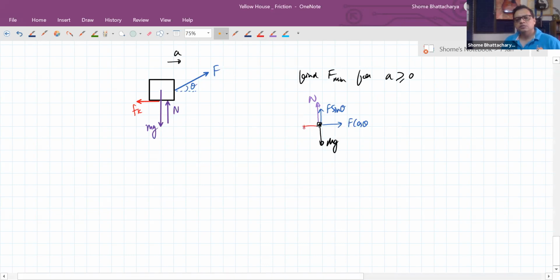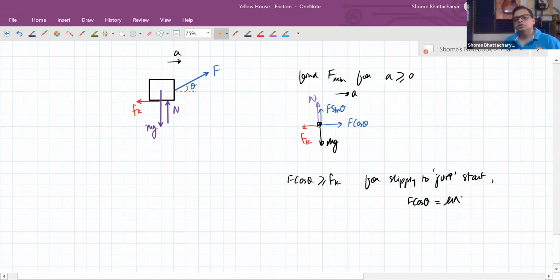We have kinetic friction, and that is giving us an acceleration greater than equal to 0. So condition for acceleration to be greater than equal to 0 is that F cos theta should be greater than equal to kinetic friction. Okay. For slipping to just start, the condition is that F cos theta should become equal to mu N.